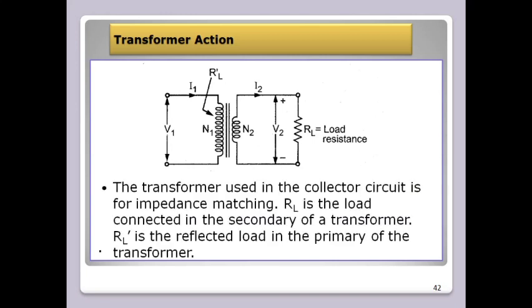Here the load is reflected back as RL dash in the primary of the transformer. The transformer used in the collector circuit is for impedance matching, RL is the load connected in the secondary of the transformer, and RL dash is the reflected load in the primary of the transformer.